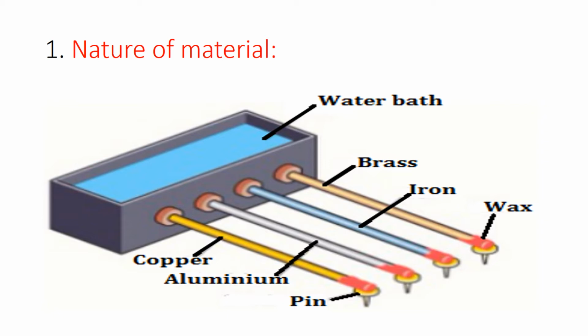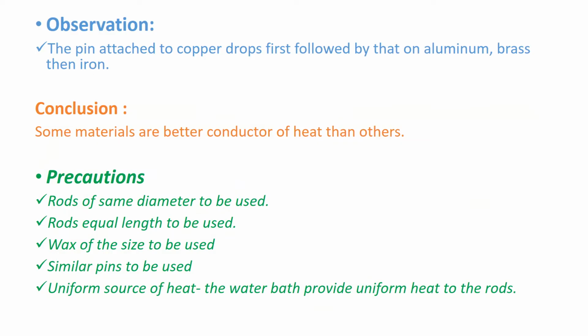Let's see the order in which the pins will fall. The pin attached to copper drops first, followed by that of aluminum, then brass, and then iron. Conclusion: some materials are better conductors of heat than others.